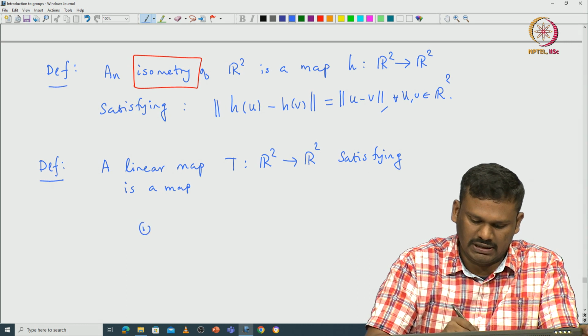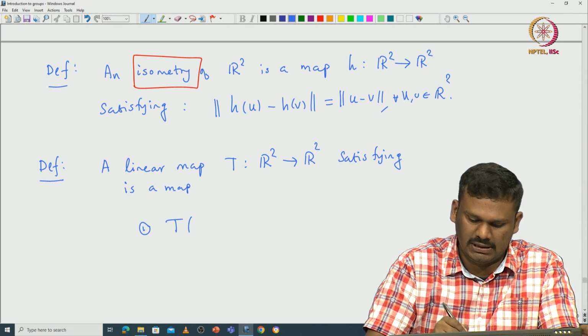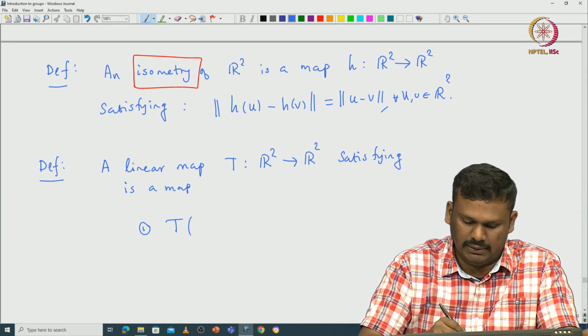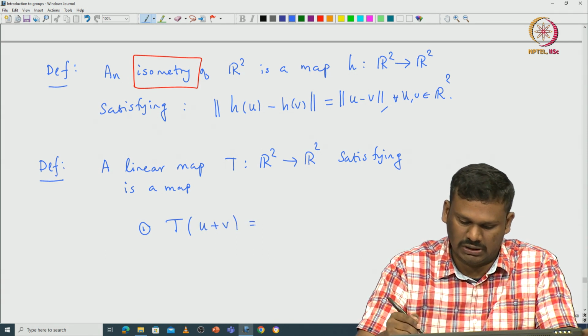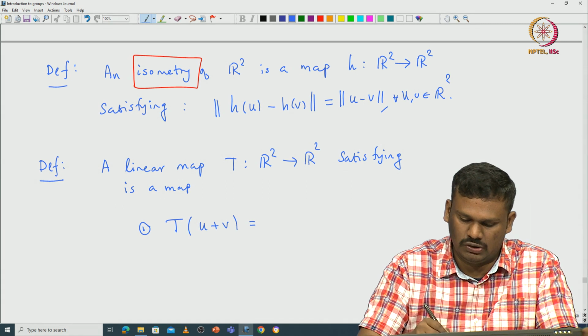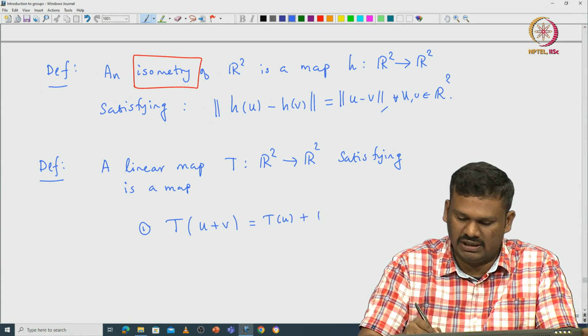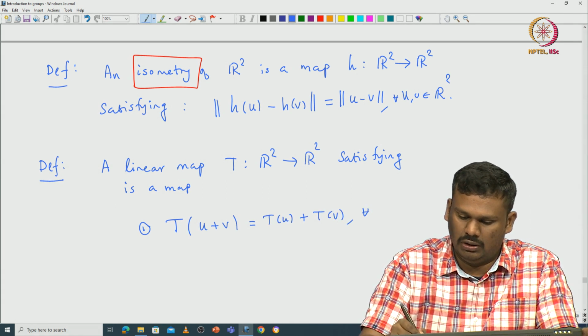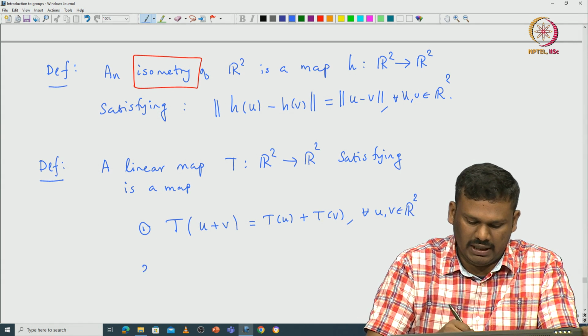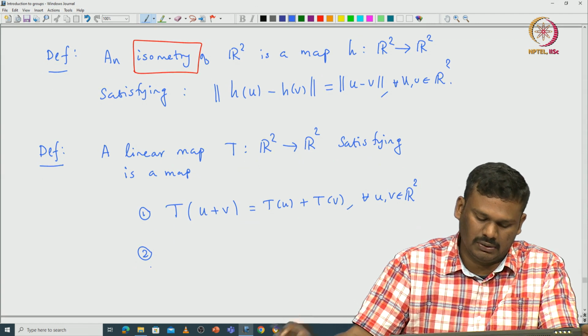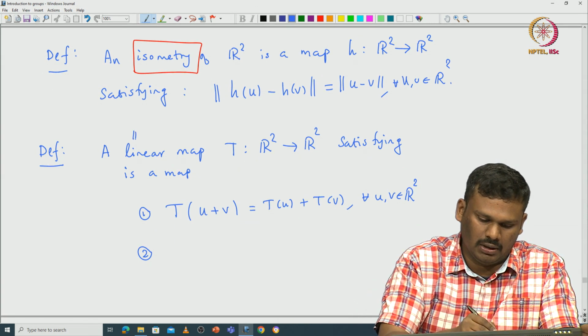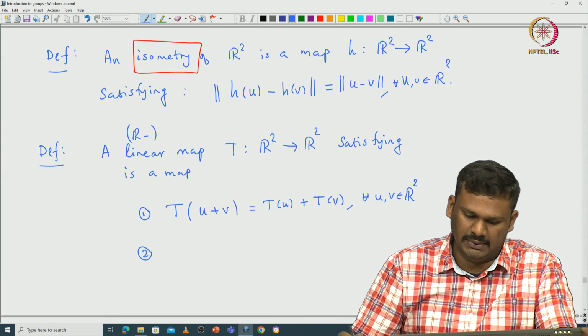The first condition is that T is linear in the given vectors u and v. T of u plus v should be T of u plus T of v for all u, v in R2. It should be R-linear. One can call it linear or R-linear; both are synonyms.